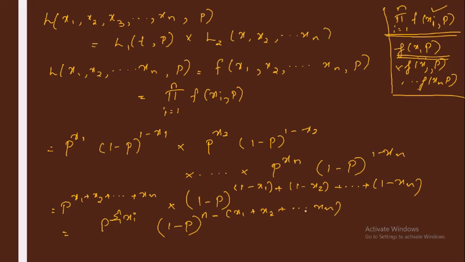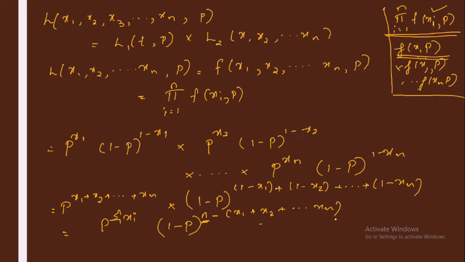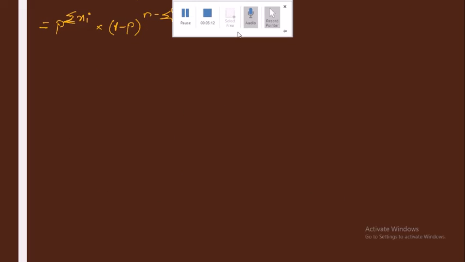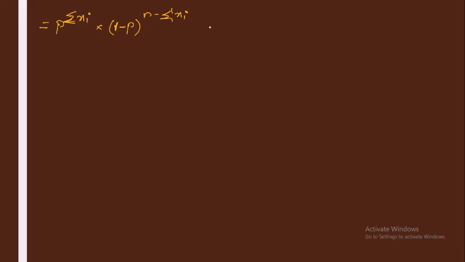Now we can write this as p raised to summation xi multiplied by 1 minus p raised to n minus summation xi, and I'm multiplying it by 1 over here.